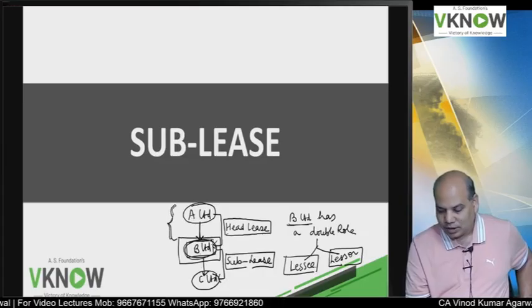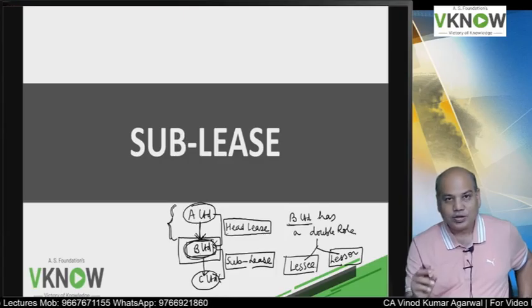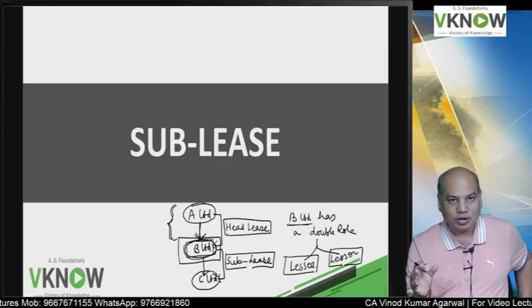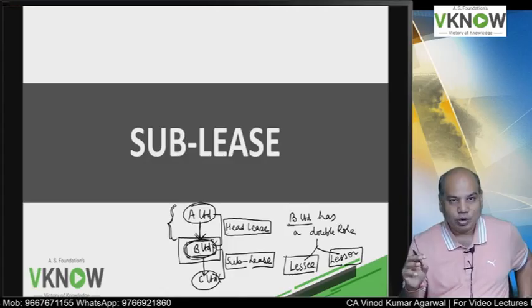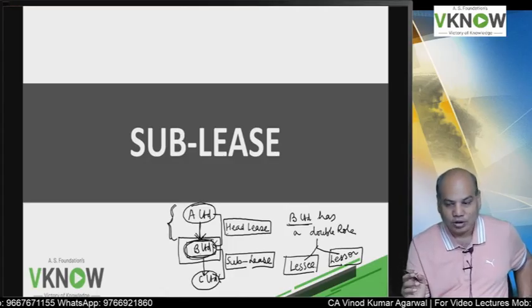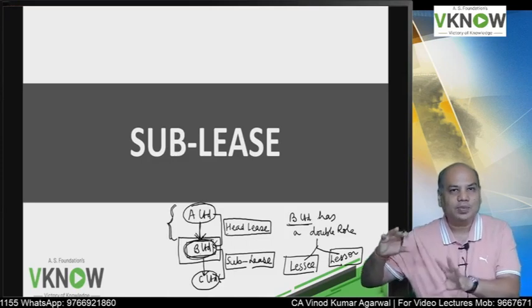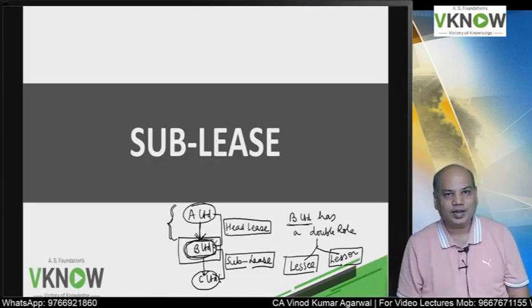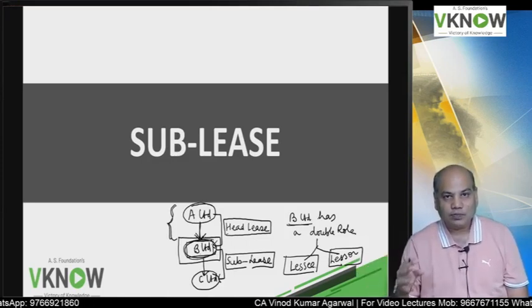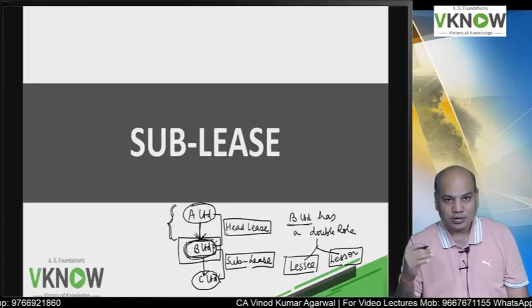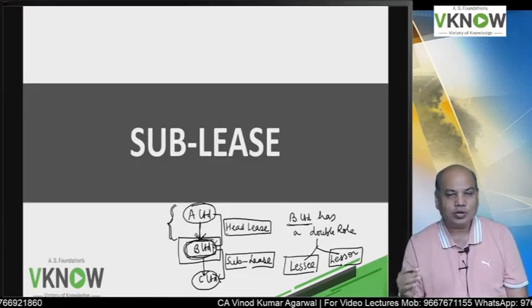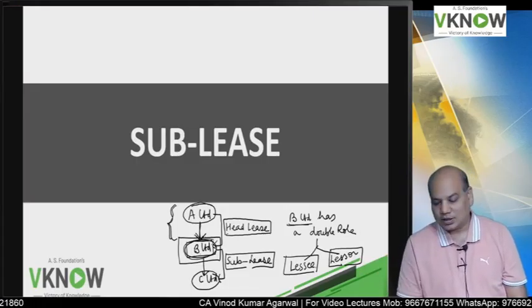A has given asset to B on lease. So you have to see whether B has taken short-term lease exemption or not, whether B has taken low value lease exemption or not, or whether B Limited is accounting by applying normal provisions of Ind AS 116 without taking the low asset value or low short-term lease exemption.